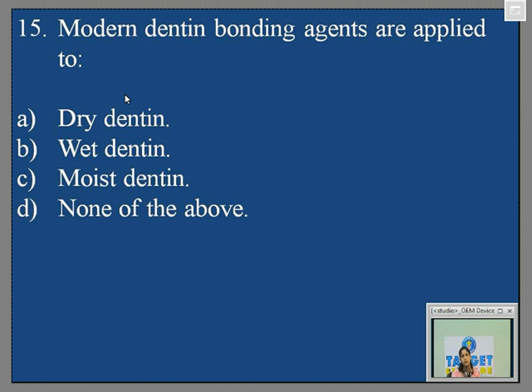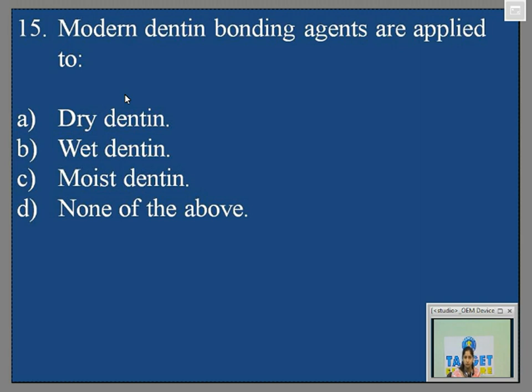Dry and wet dentine are generally used in the 4th generation dentine bonding agents. All of these I will explain in detail when the appropriate question comes. For now, since the question is modern dentine bonding agents, we are looking at your 6th and 7th generations, which have self-etching primers or single bottle system. So the answer is moist dentine. If you dry or completely desiccate the dentine, there will be a loss of the collagen network.